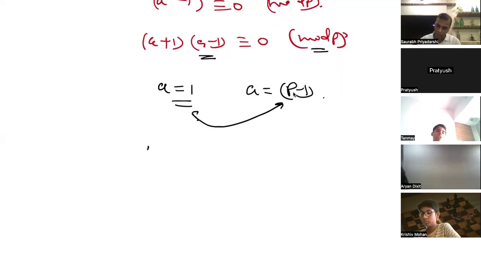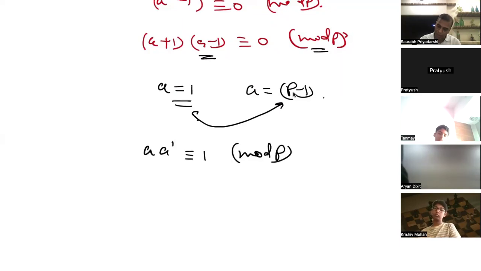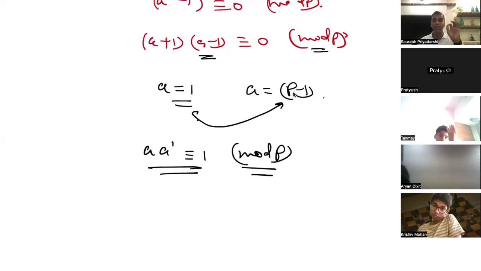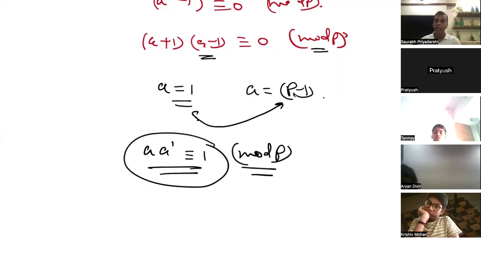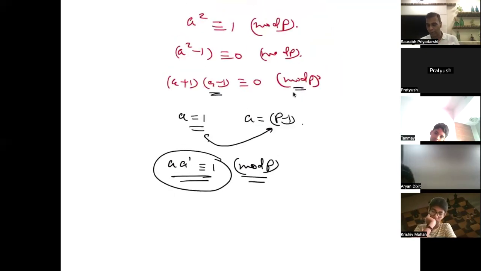So this is showing that a and a' with aa' ≡ 1 mod p means every time we are getting a unique inverse, so we get a congruency of 1 with a times a'. Is this okay?